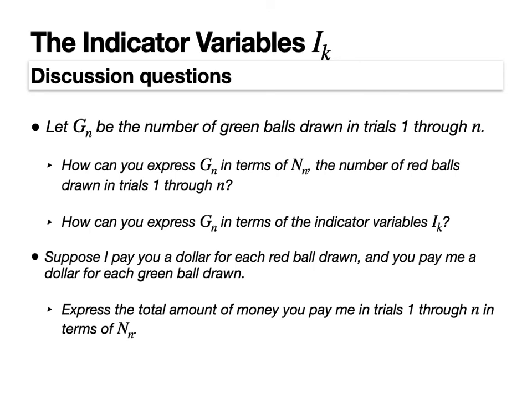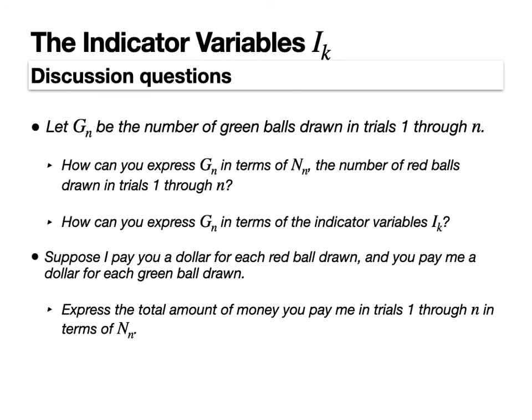So a few discussion questions here. Let G sub n be the number of green balls drawn in trials 1 through n. Can you express G sub n in terms of the N sub n variables that we've already discussed? Can you express G sub n in terms of the indicator variables, I sub k? You can, and you should think those through and come up with formulas for G sub n in terms of either N sub n or the I sub k's.